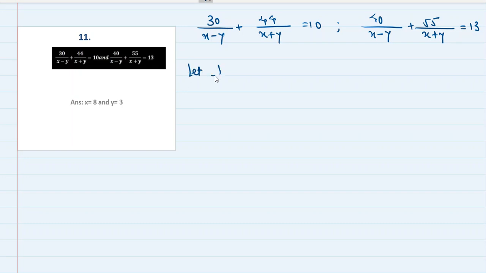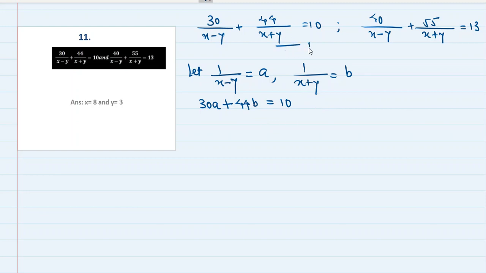Let 1 upon x minus y is equal to a and 1 upon x plus y is equal to b. So 30 upon x minus y is 30a, 44 upon x plus y is 44b is equal to 10.